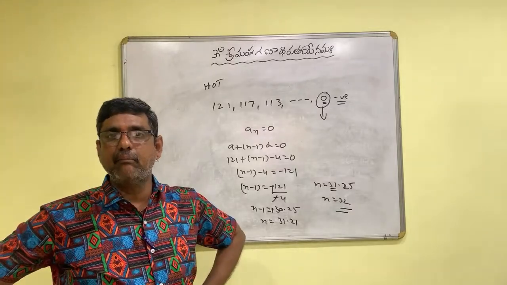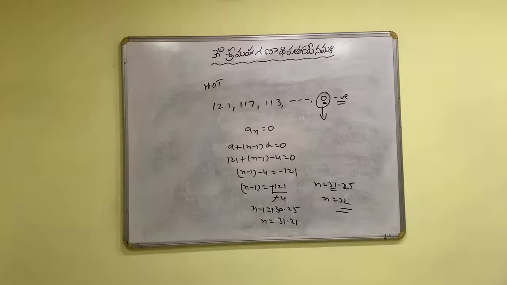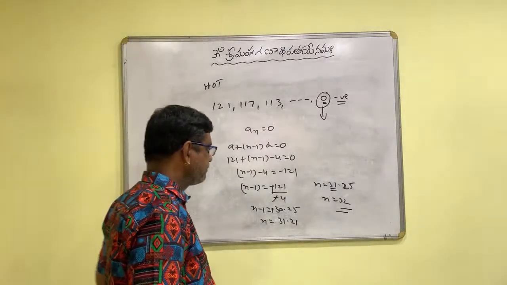So for that, I am assuming that in this progression 0 is also there, and I am taking an is equal to 0, and I found that n is 31.25. Okay na? n is 31.25.